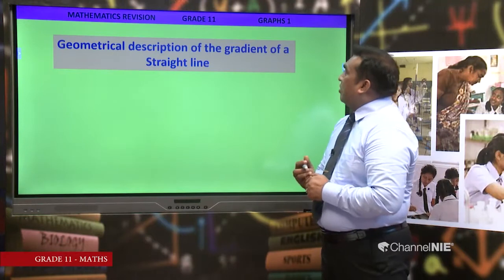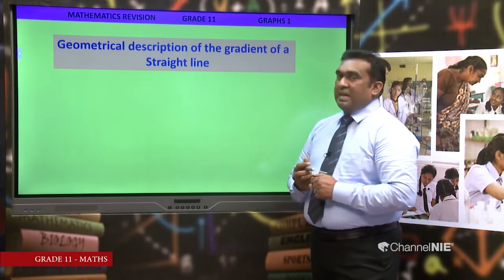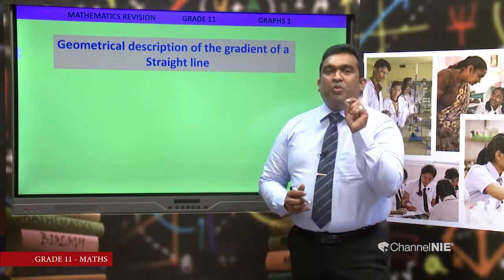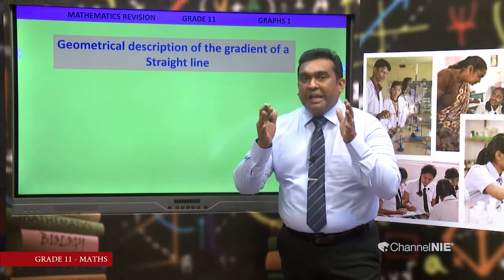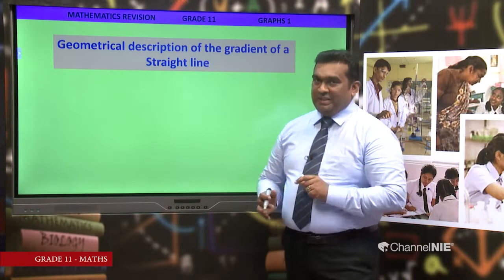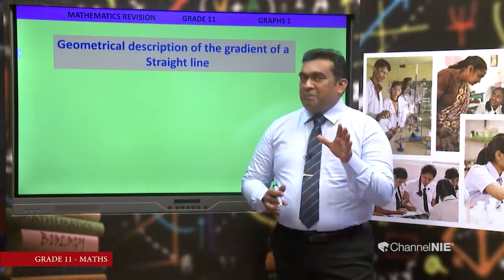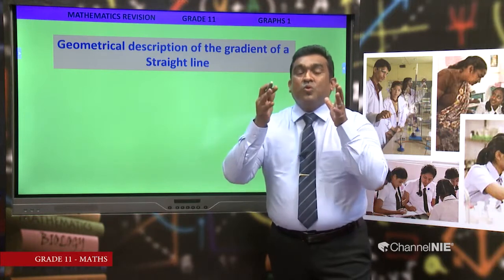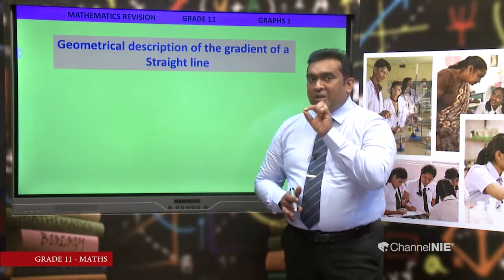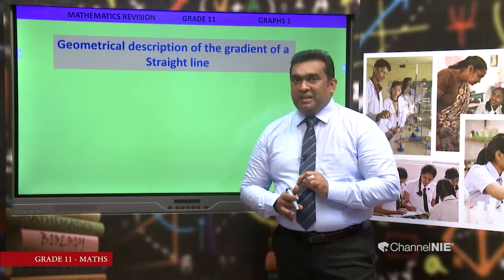Then, the geometrical description of the gradient of a straight line. How to represent the gradient geometrically, the geometrical interpretation of the gradient. How to do it? Using the Cartesian plane and two distinct points, we can find two positions.